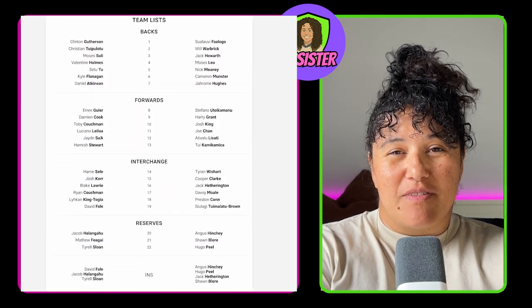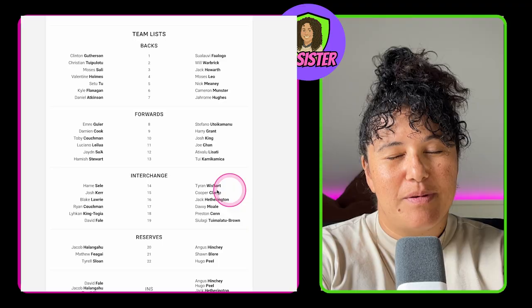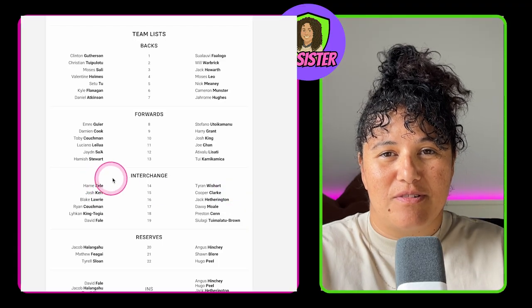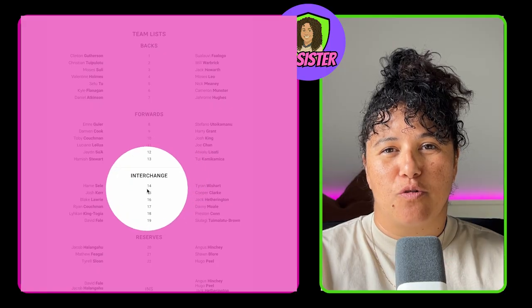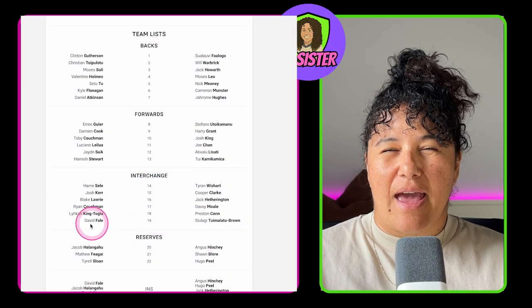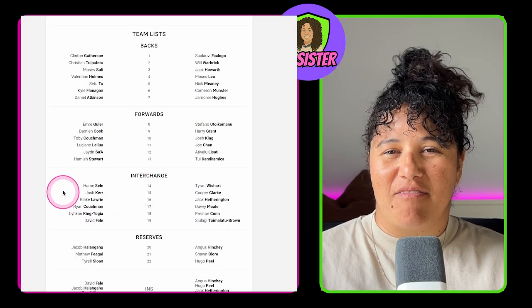Lastly, in terms of the bench, it could be a little bit different this year with the brand new 6-man bench rule, but one thing to keep an eye out for is your forwards rotation and how many forwards are listed on the bench.